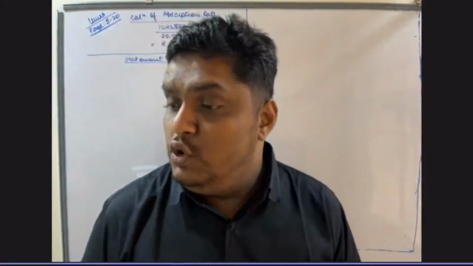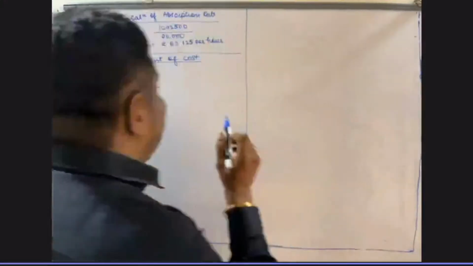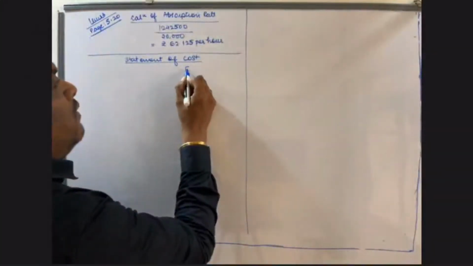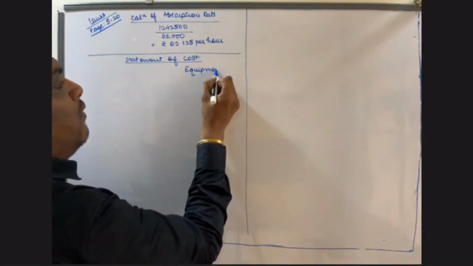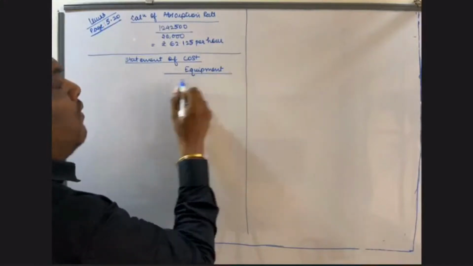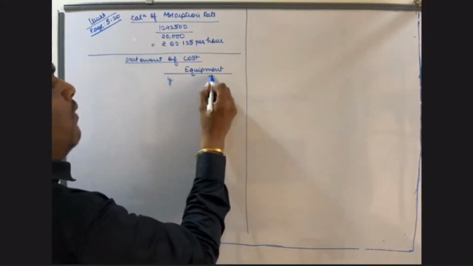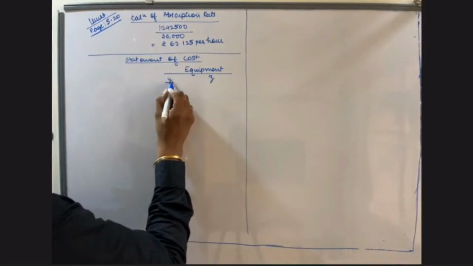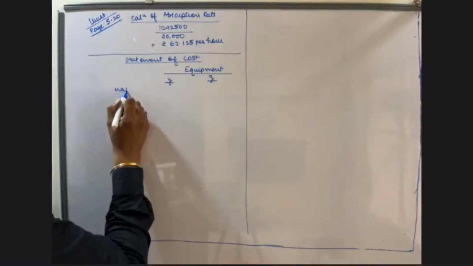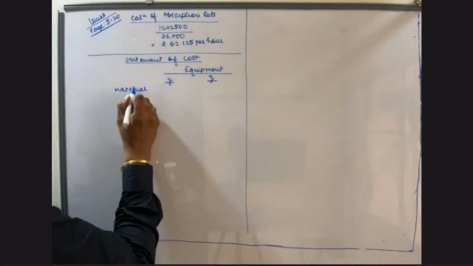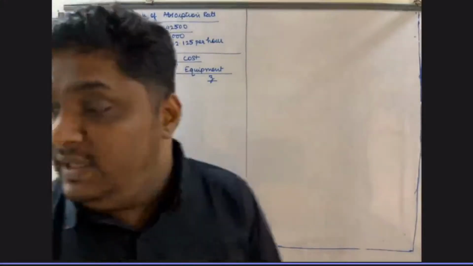We are manufacturing two equipment, that is, equipment Y and Z. When talking about the material cost, it is 300 per unit and 450 per unit.